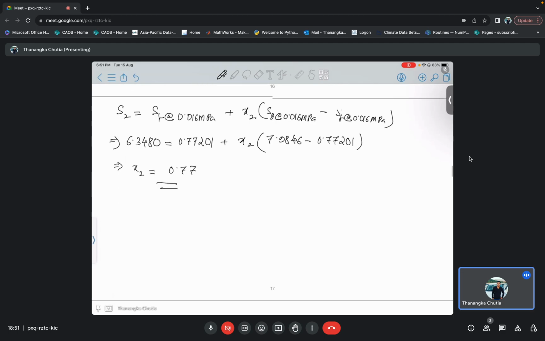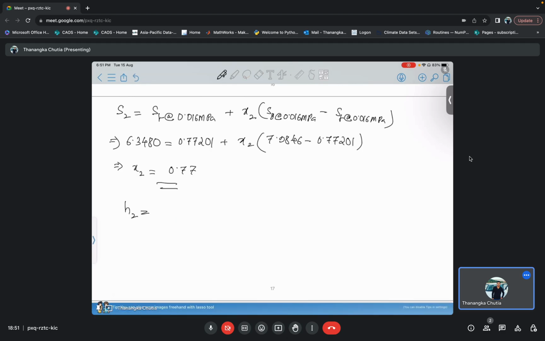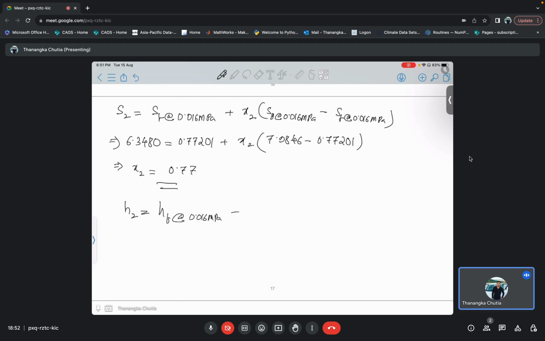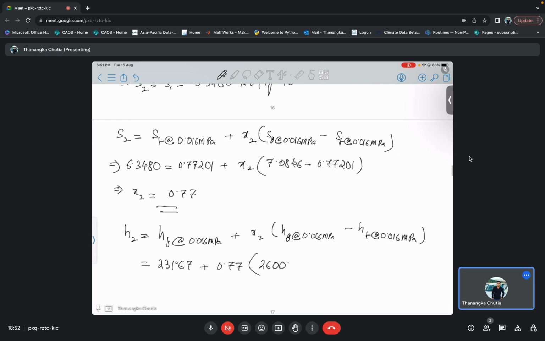Okay. So then we can calculate H2, that is nothing but Hf at 0.016 megapascal plus X2 times Hg at 0.016 megapascal minus Hf at 0.016 megapascal. So 231.67 plus 0.77 times 2600.6 minus 231.67.